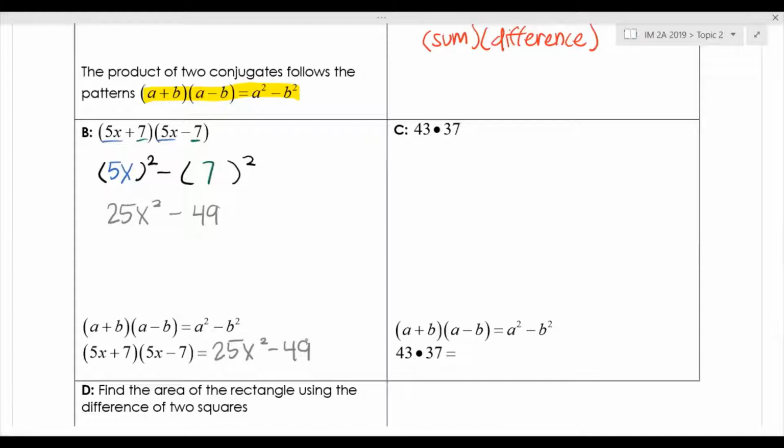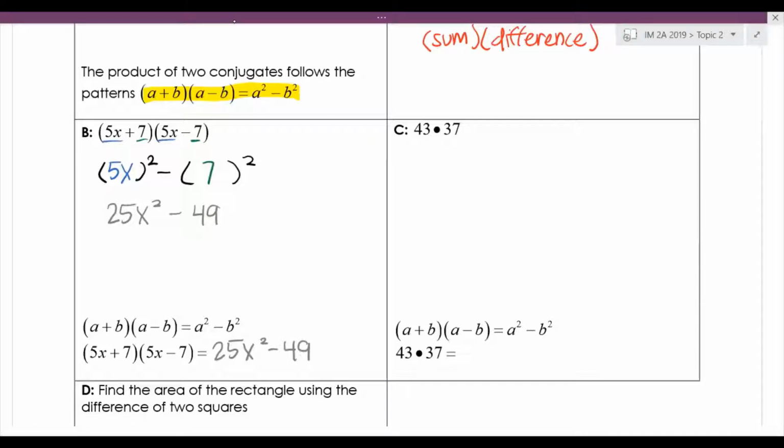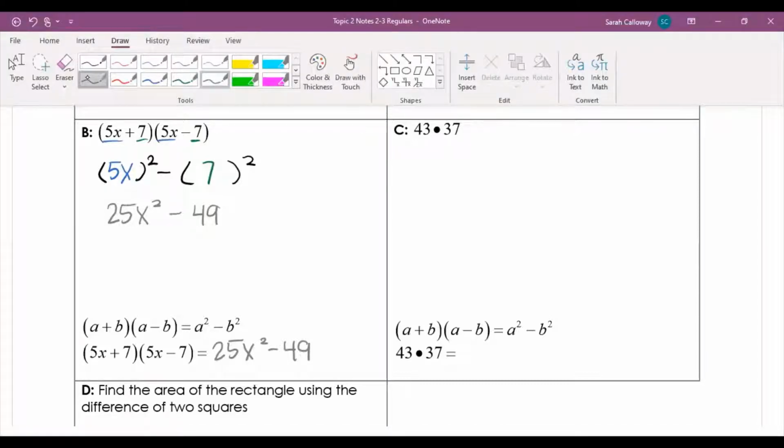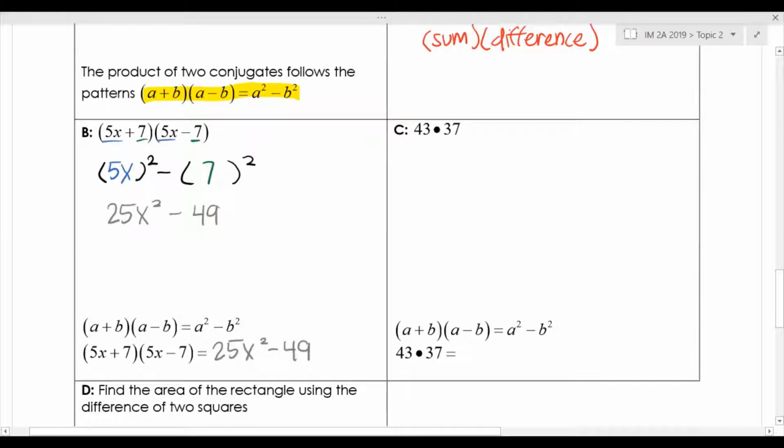This can also be helpful when I'm multiplying numbers together if those numbers are an equal distance from a different number. I can think about 43 as 40 plus 3, and I can think about 37 as 40 minus 3.